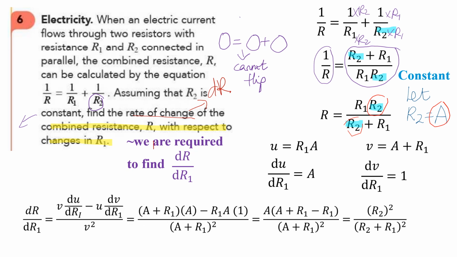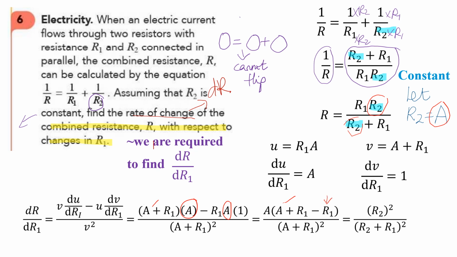Then you apply your quotient rule. Sub in your V, sub in your du over dR1, and you get this whole chunk here. That is your quotient rule. If you look at it very carefully, you can see that there's a common factor you can extract out, and that is A. So you pull out your A, and you're left with only this, and only negative R1 here.